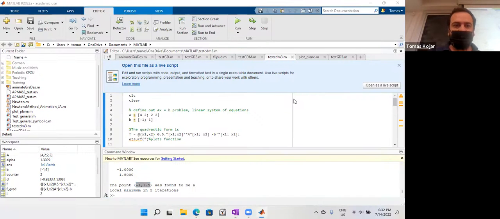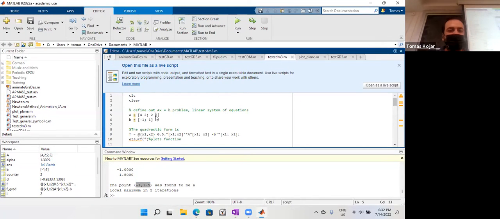Maybe I can even do it now for you. I need to pick a matrix where the eigenvalues are the same. Let me take something like this. Okay, let's try it.